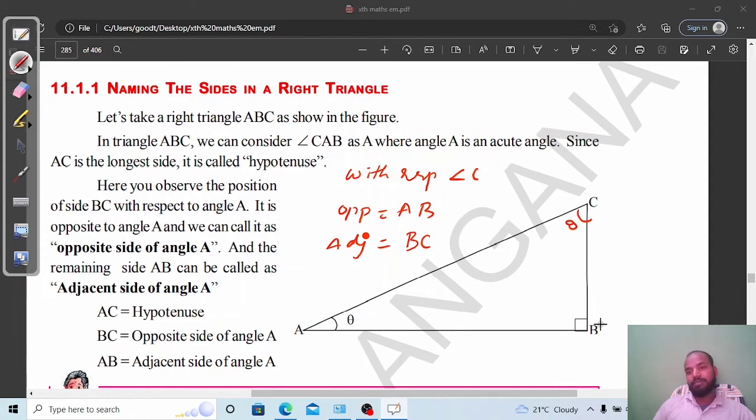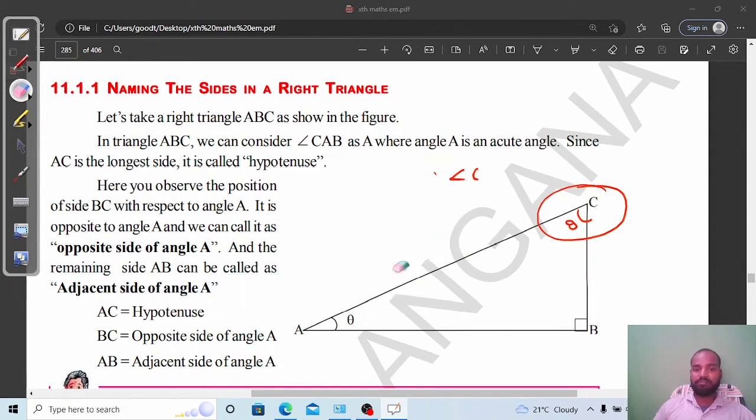What is your hypotenuse? It is AC. So the hypotenuse is never going to change. Here opposite and adjacent are changed, but the hypotenuse is the same. Are you clear? You have to compare with respect to the angle, and then give the opposite and adjacent. So don't confuse here.